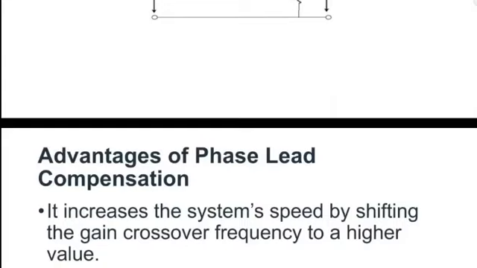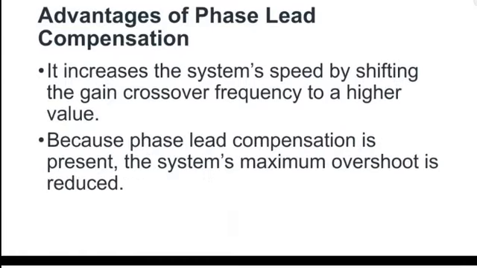What explains that is the presence of the capacitor and the resistor, both connected in parallel. Then what are the disadvantages of phase lead compensation? The main one is that steady state error is not improved.